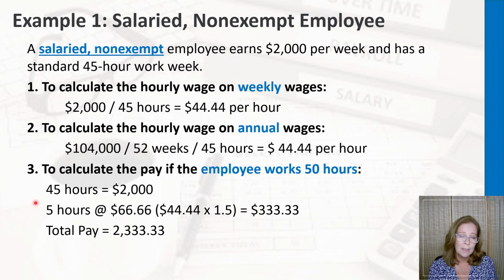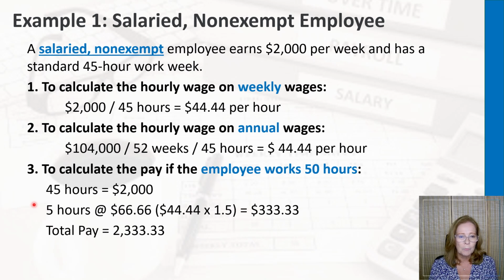And when a salaried non-exempt employee works overtime, they receive an overtime premium, which is 50% more than their regular hourly rate, which means that we multiply $44.44 by 50% and add it to the regular hourly rate, or you can multiply the regular rate by 1.5, which gives you the pay for every overtime hour.